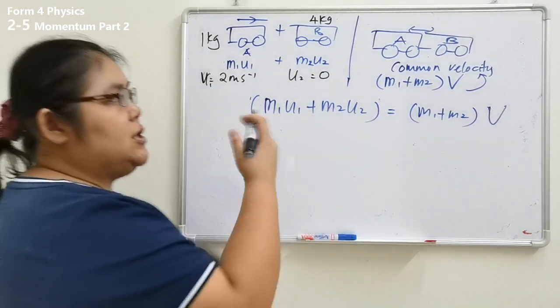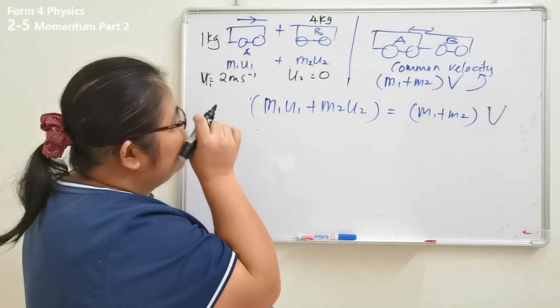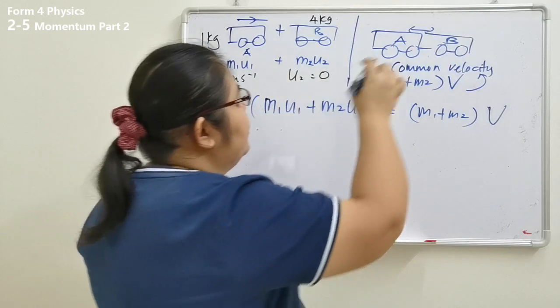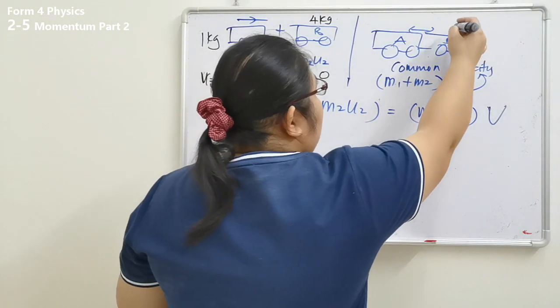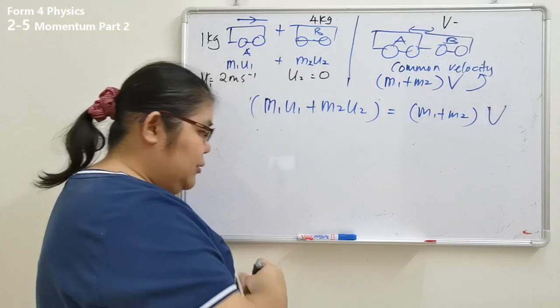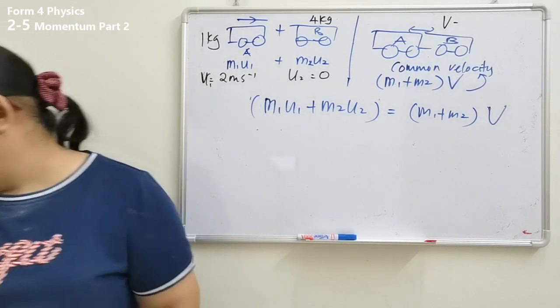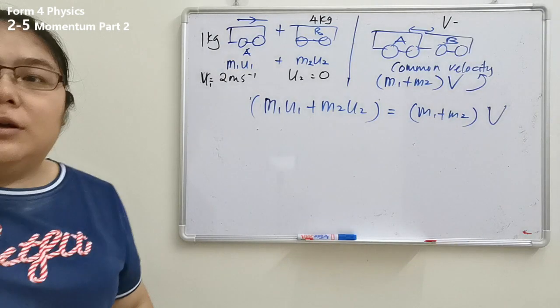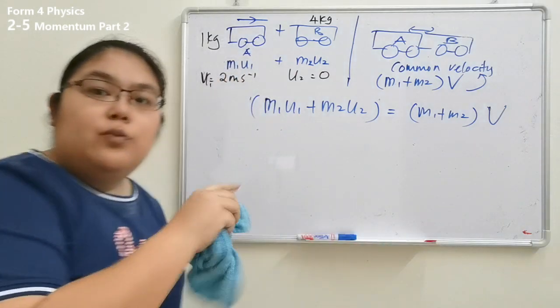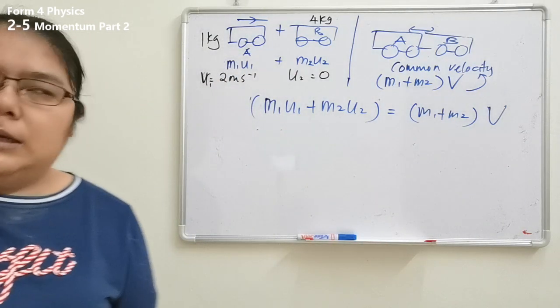After that you stick together, you move slower already, you move together as one. V I cannot tell you, because V is one of the questions. They ask you, what is the V, when they stick together already?